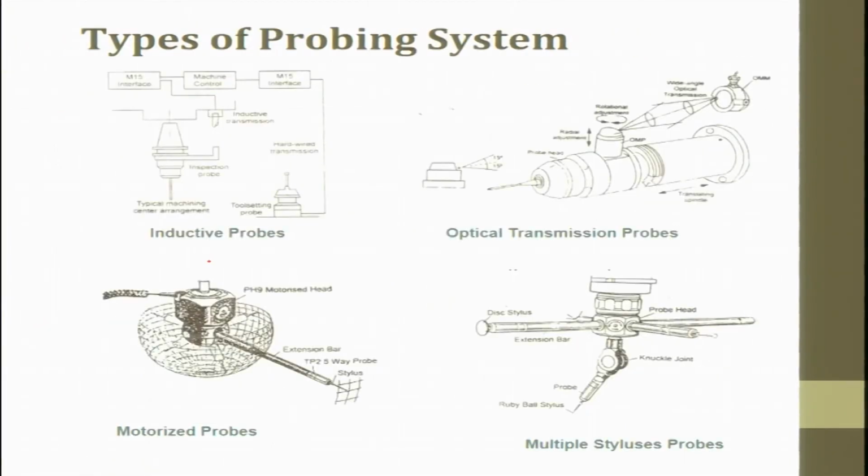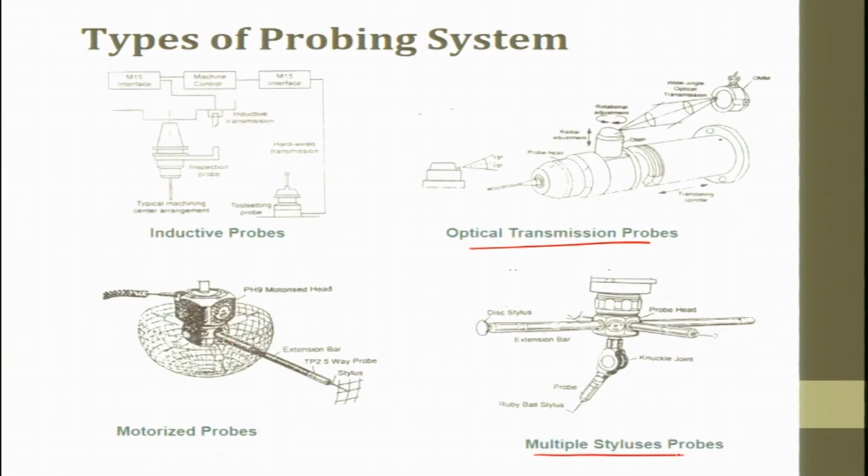Different types of probing systems are there. We have the inductive probing system, where inductive transmission is the principle used in the probe. Then there are optical transmission probes, where optical transmission is the principle. Similarly we have motorized probes, in which motors rotate or move the probe.